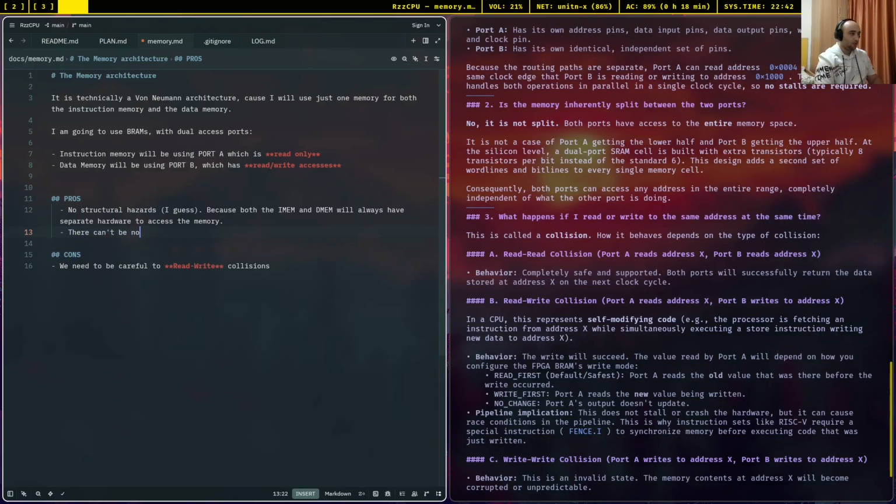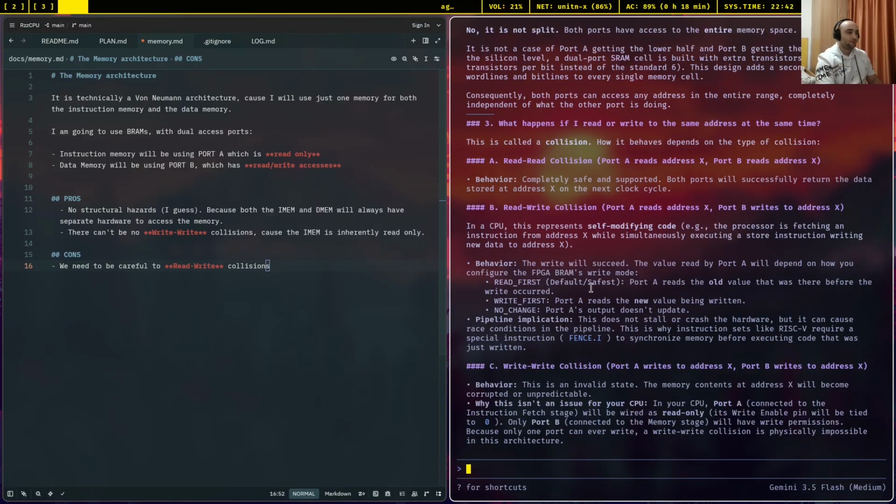There can't be any read-write conditions, because the instruction memory is inherently read-only. Okay. That's it.